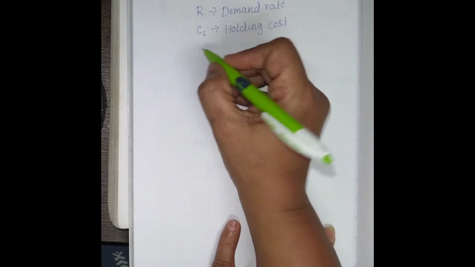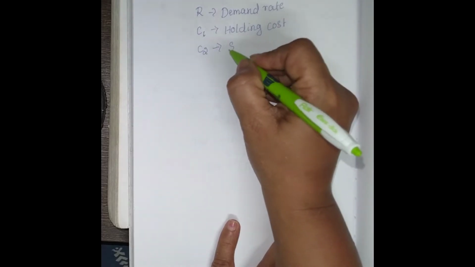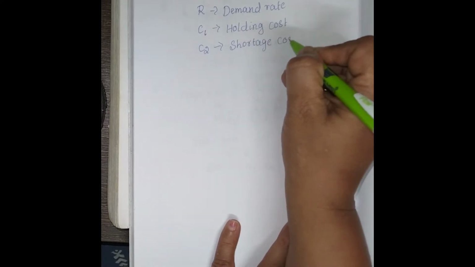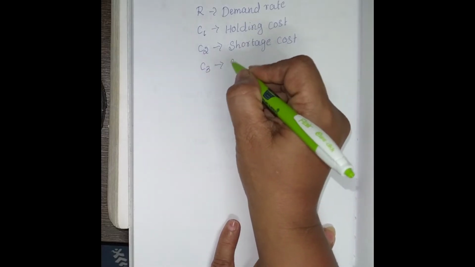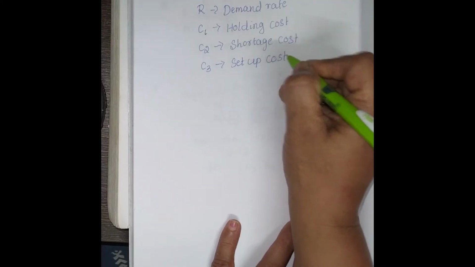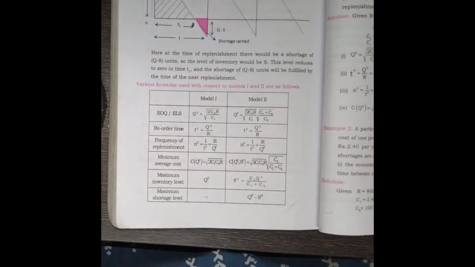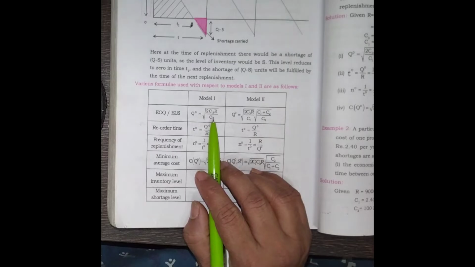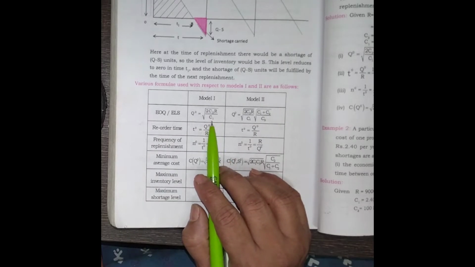Then C2 is the shortage cost or penalty cost. C3 is the setup cost. Here in 2C3R by C1, the setup cost, the demand rate and the holding cost are given.